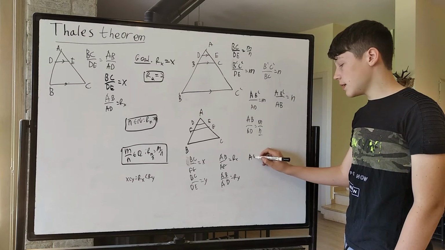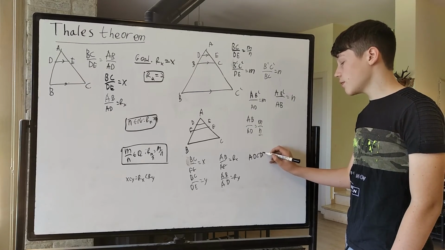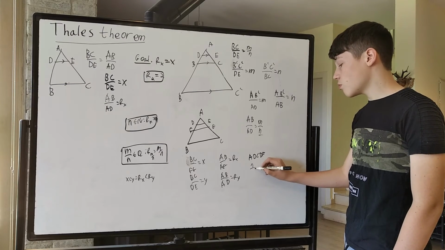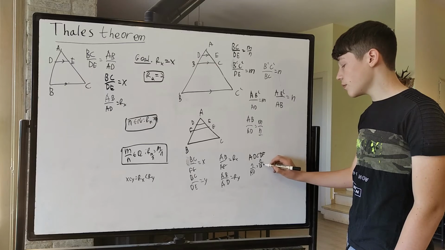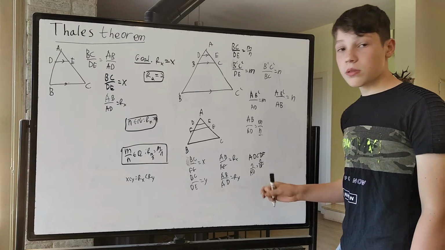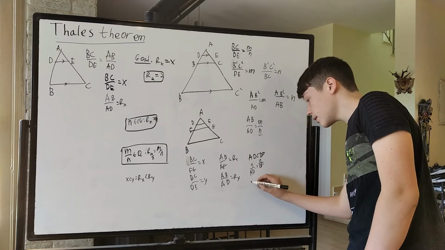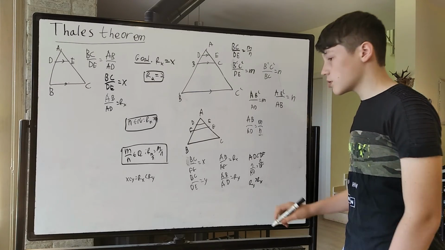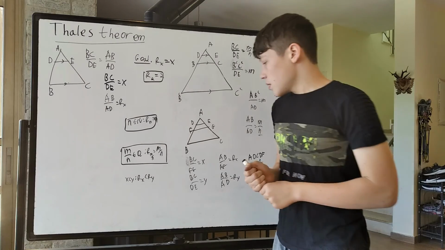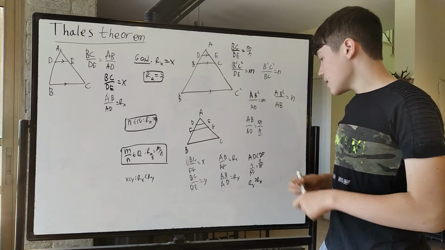We know, obviously, AD is smaller than AF. So 1 over AD is bigger than 1 over AF. So after multiplying by AB, we get exactly Ry is bigger than Rx, just like we wanted. Alright, now we proved this.